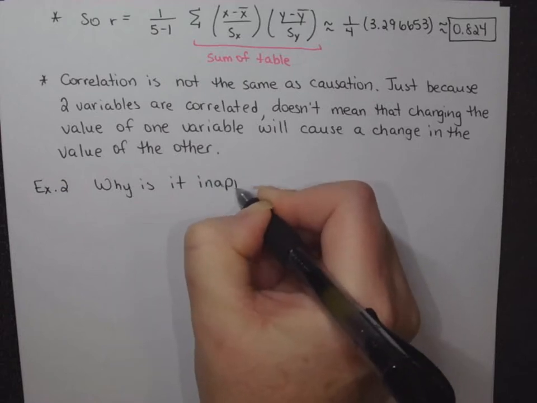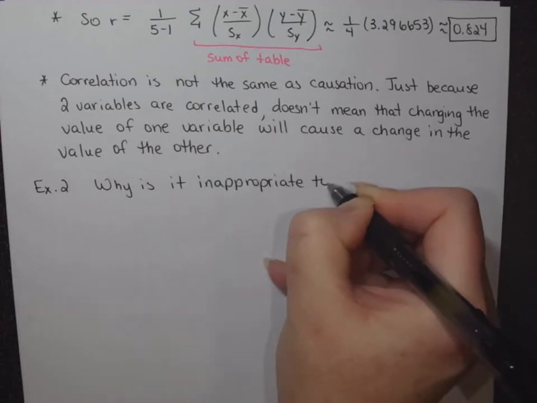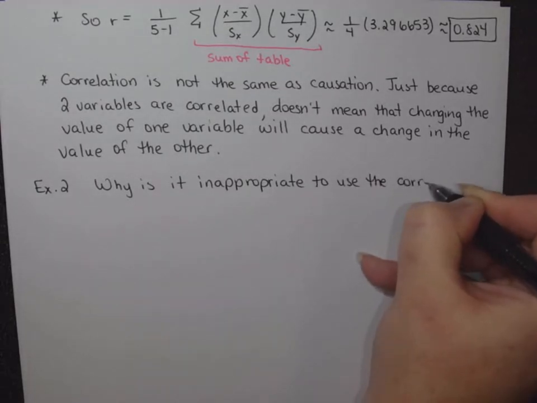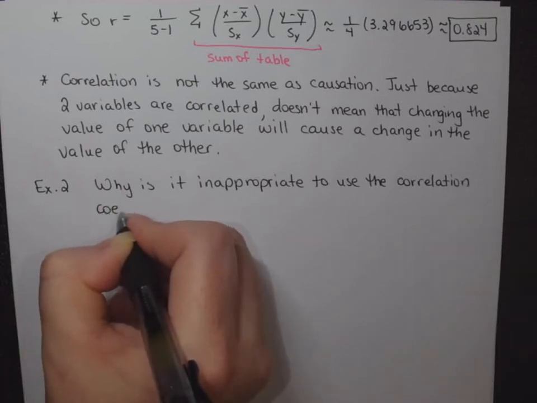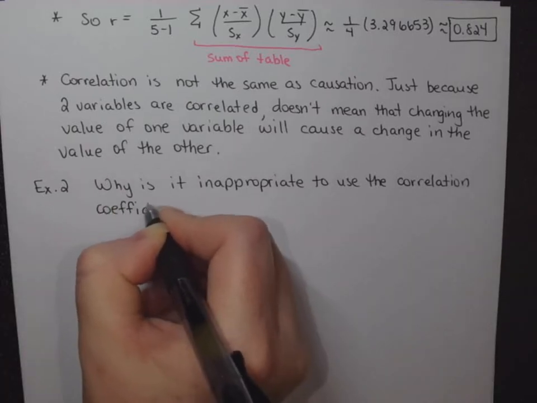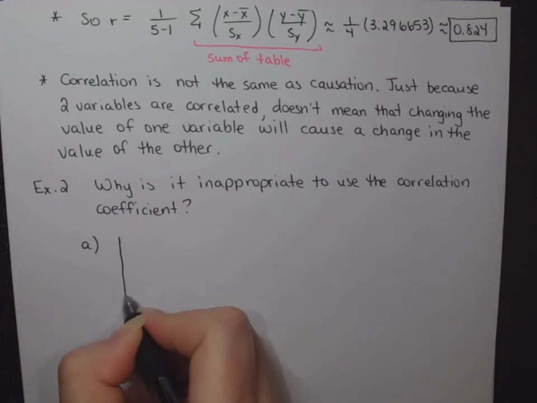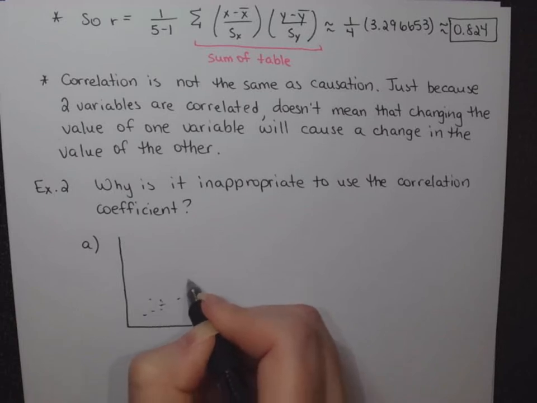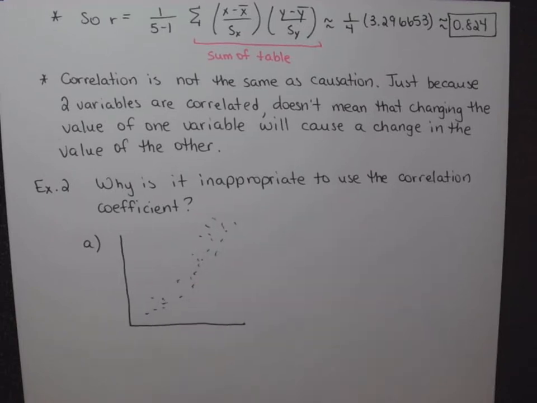You might have a question on the homework or two that asks you if finding a correlation coefficient is even appropriate. And so I want you to draw two scatter plots with me. Okay, try to make this look curvy.